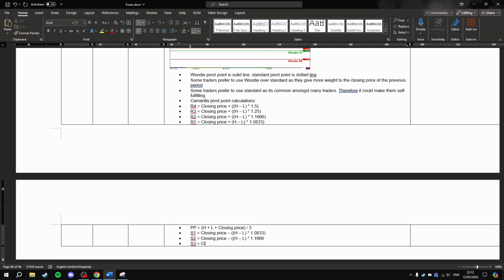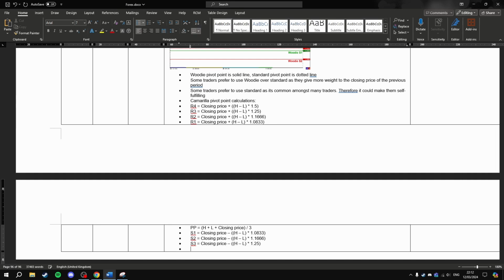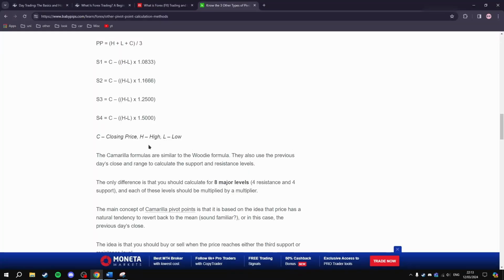S3 is equal to closing price minus high minus low times by 1.25. S4 is equal to closing price minus high minus low times by 1.5. Right.